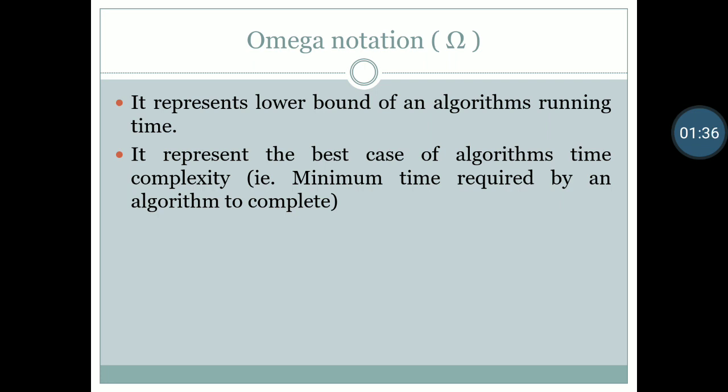Previously, we saw that for a linear search algorithm, if the element is found at the first position, that was the best case of our algorithm. So omega notation represents the best case of algorithm time complexity.